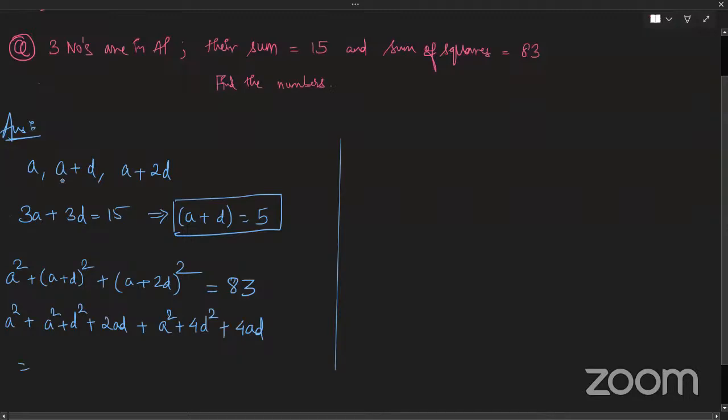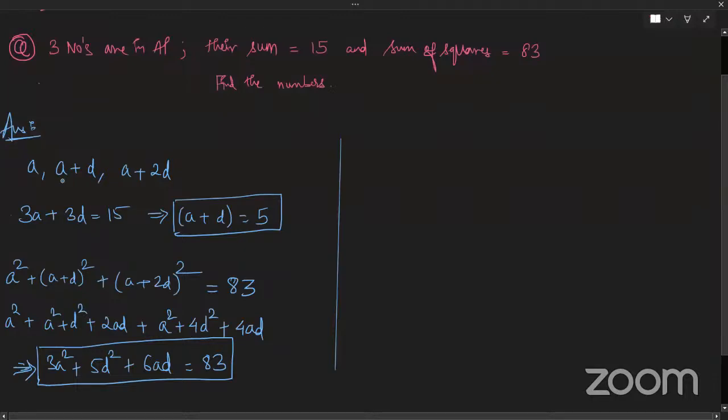So it is 3A square plus 5D square plus 6AD, equal to 83. So you can solve the relation between A and D, from these two equations and two unknowns.